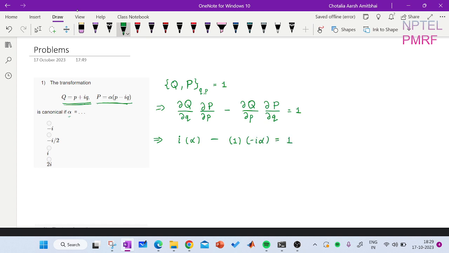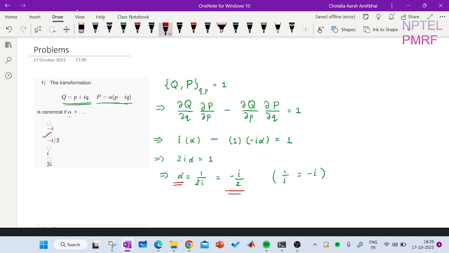This thing should be equal to 1. So i alpha plus i alpha, so 2i alpha is equal to 1. So alpha is equal to 1 over 2i, or minus i over 2, right? Because 1 over i is minus i. So there you have it. Alpha is minus i over 2.